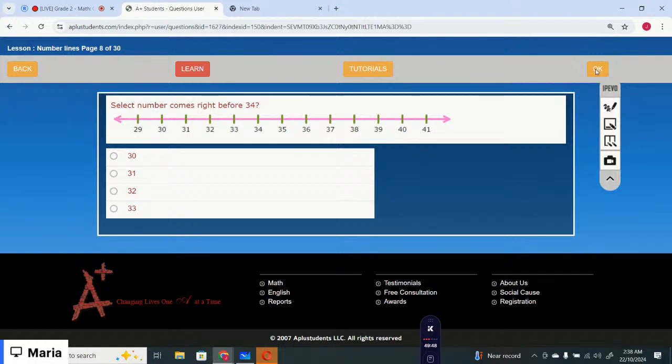Select the number that comes right before 34. Before 34, that is 33.